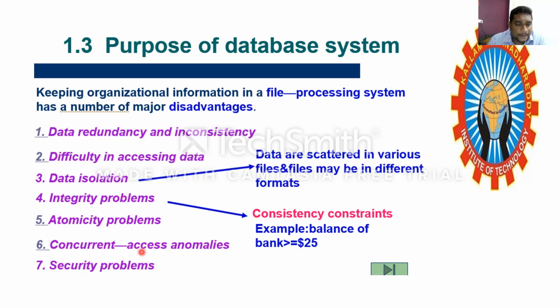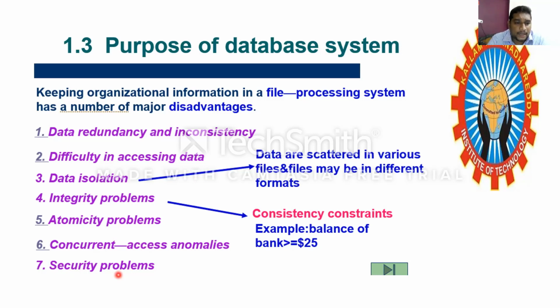Next, concurrent access. In the file system, two or more persons cannot access the same data, because there is only one user retrieving the data. Whereas in a database, concurrent users can access the data by means of the database structure. Next is security problems.